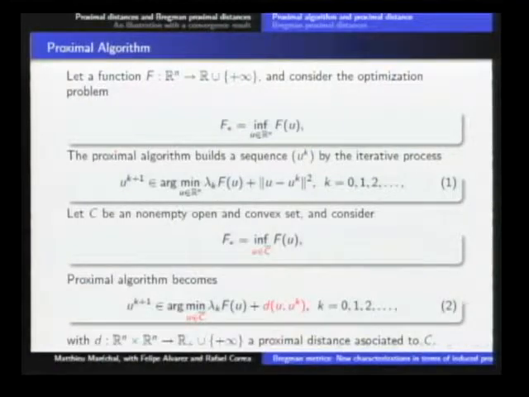If there is some constraint, the proximal algorithm becomes solving this optimization problem with a d here, where d is the proximal distance associated to the open convex set C. That means in general C will always be an open convex set.